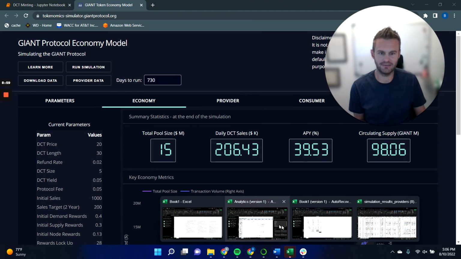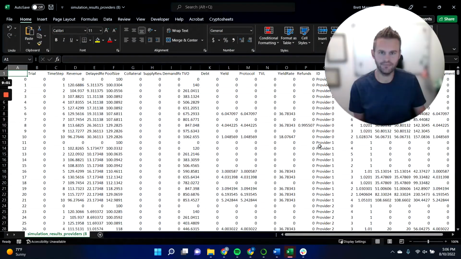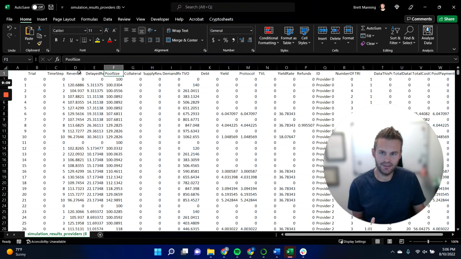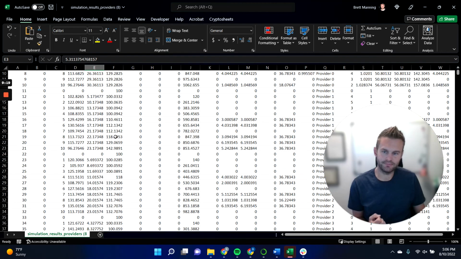So if I open my Excel, here we have TVO, pool size, and the revenue and delayed revenue. Delayed revenue is that escrow, what is withheld. What you'll see is that when the pool size is small, there's more delayed revenue.